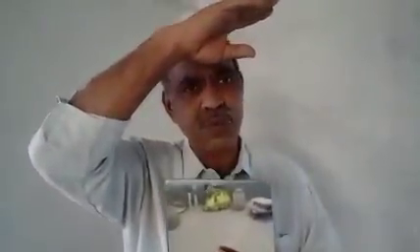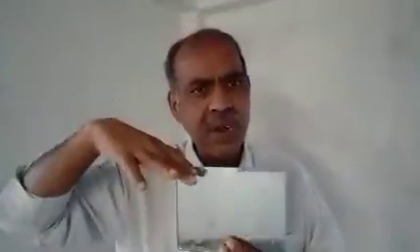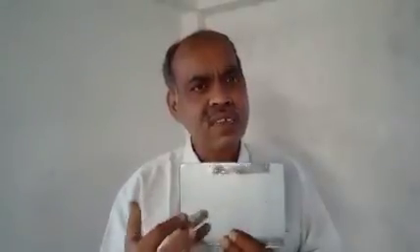The upper half is not there. You have cut this rectangular load diagonally and removed the upper triangle. The remaining part is the lower triangle, and this is a right angle triangle because this angle is 90 degrees.